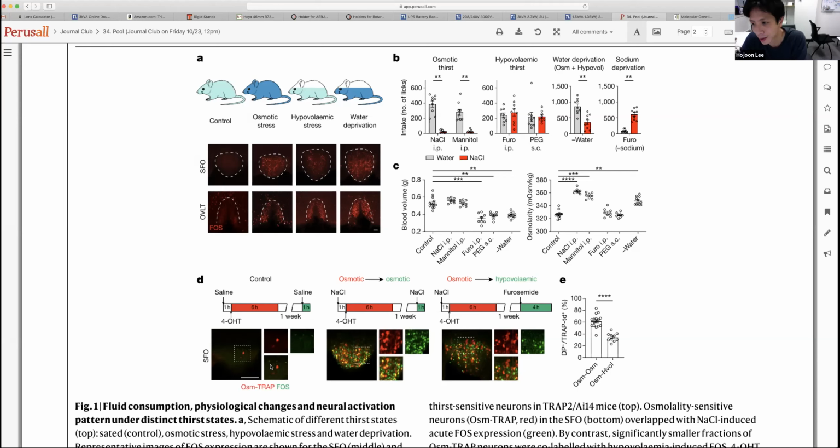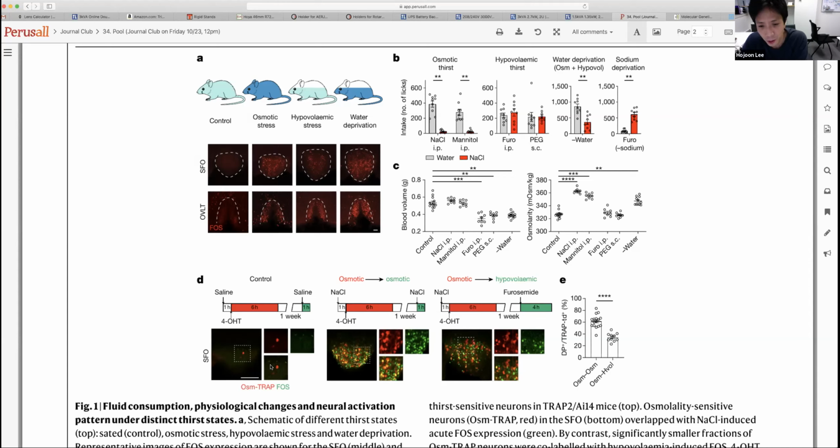And then a week later, they inject the same 2 molar sodium chloride again, and they see that green cells and red cells are largely overlapping. There's some cells that are not red, but green, not green, but red. But there are also a lot of yellow cells, which are red and green.